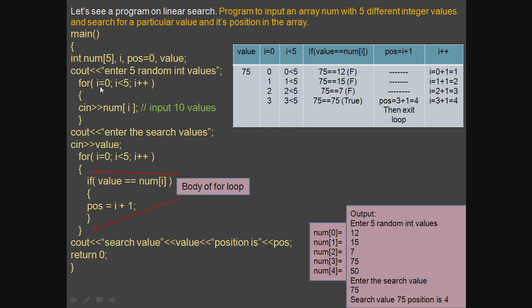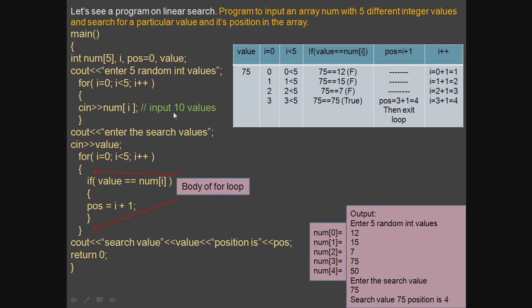Since the array index always starts from 0, i is equal to 0. The body of this for loop will be executed 5 times, so you get to enter values 5 times.